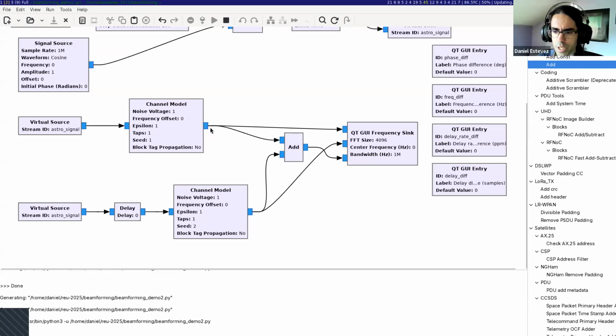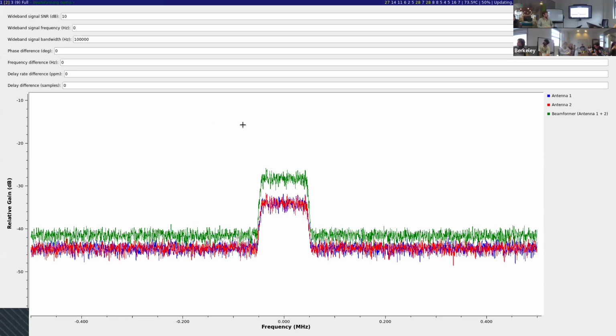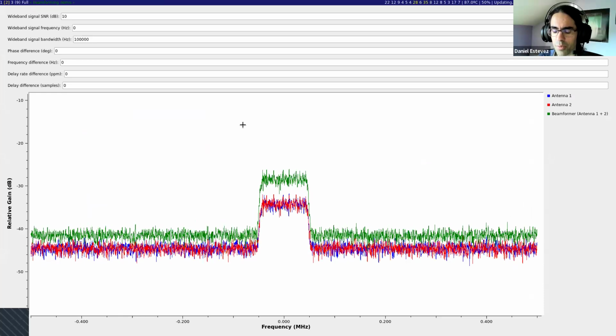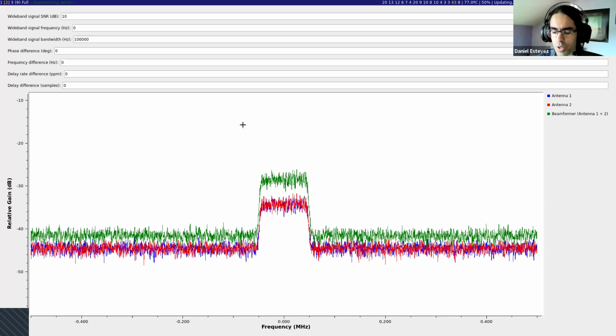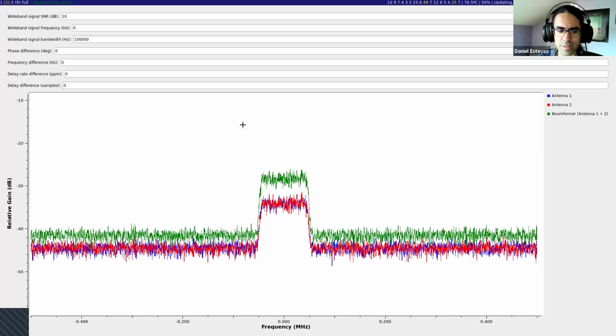We have complex numbers in here, so we still have the phase. Then the SNR increase would be not 3 decibels, but 1.5 decibels because you have the square root of 2 losses. So there's only going to be coherent beamforming for today, but incoherent beamforming is also an interesting and important topic.